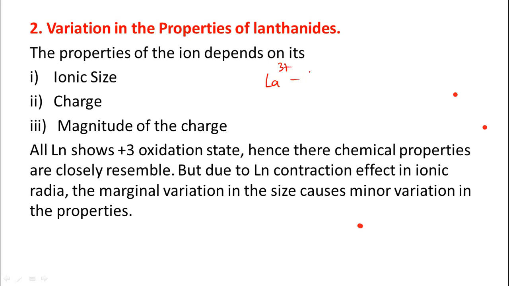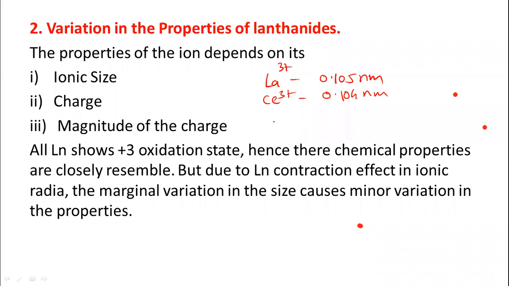Suppose the ionic size of the lanthanum 3+ ion is 0.105 nanometer. Next, the cerium tripositive ion has an ionic size of 0.104 nanometer.